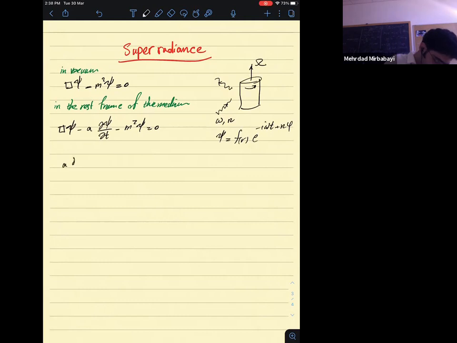A d psi dt would be changed to A times gamma times d psi dt plus v times d psi dx. Here for now, let us consider just linear motion. And gamma is the usual gamma, the Lorentz factor, 1 minus v squared.